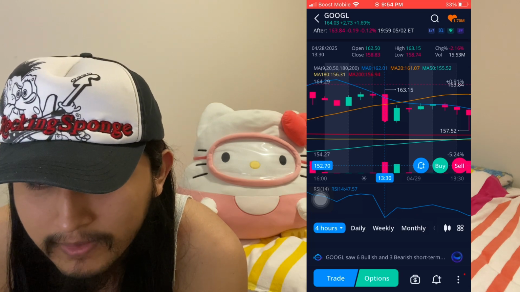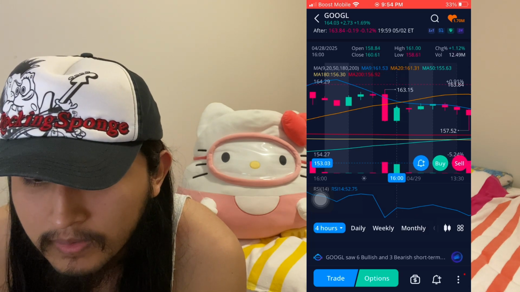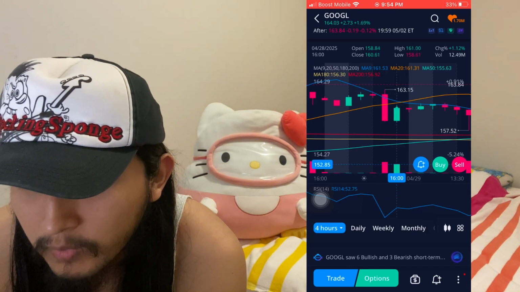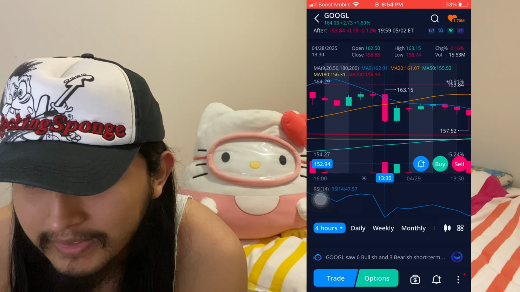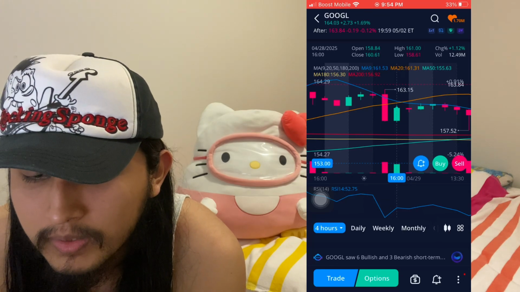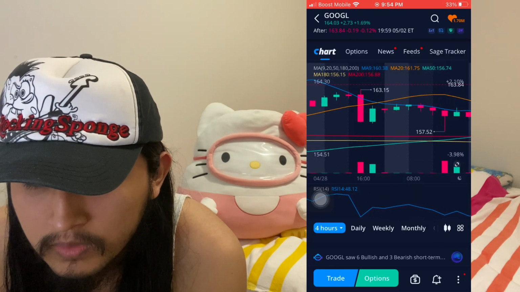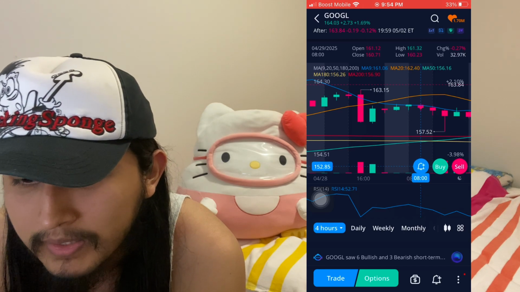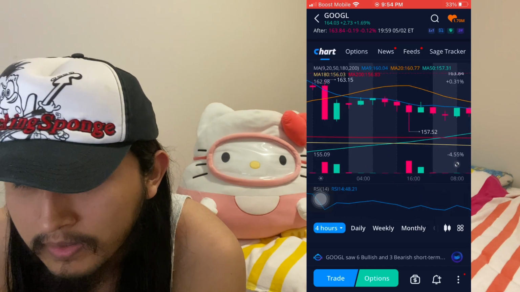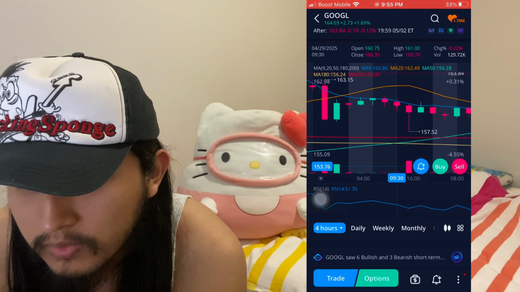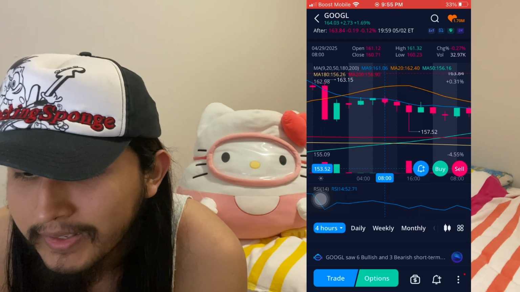On the 16:00 candle, you can see it tried approaching the 20-day moving average but got slightly rejected by it. You can see the pattern here. In the pre-market hours of the next day, April 29th, on the 4-hour time chart, Google was having trouble breaking out of the 9-day moving average.